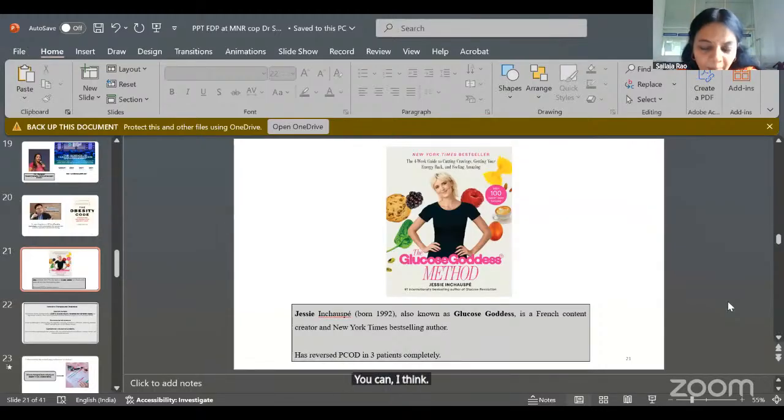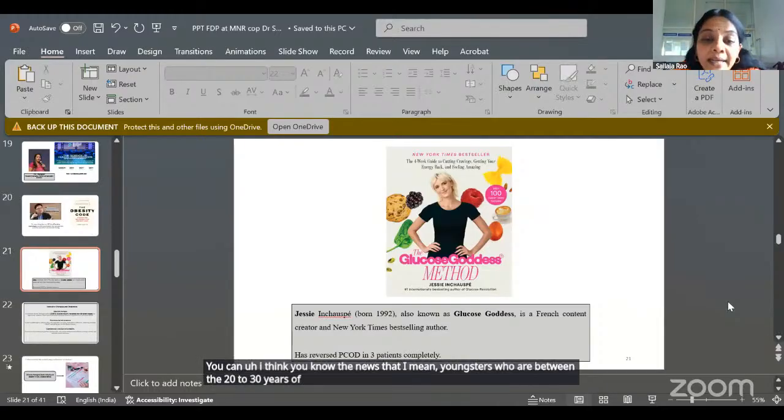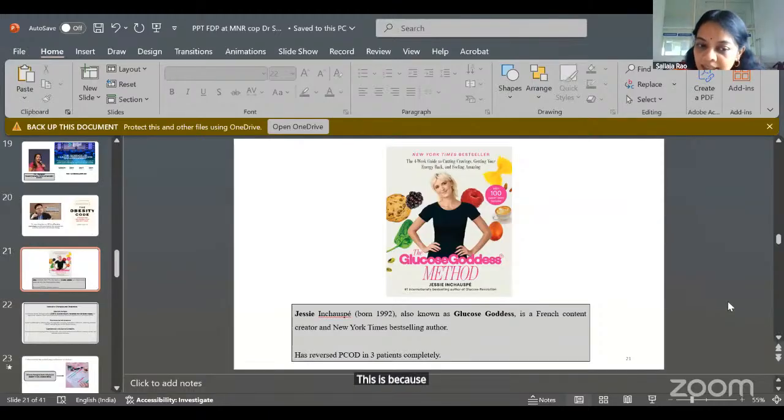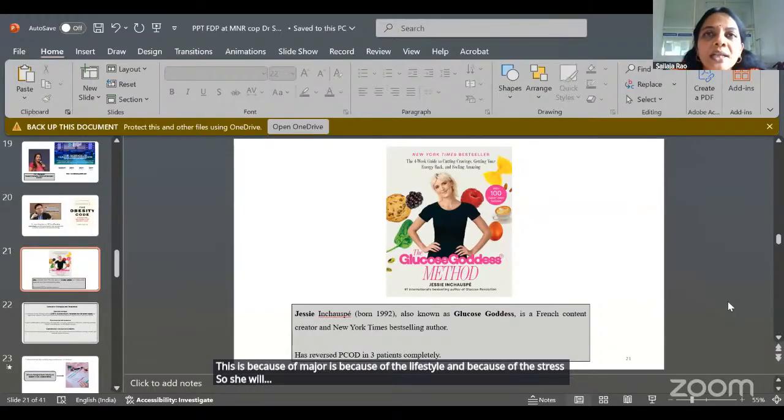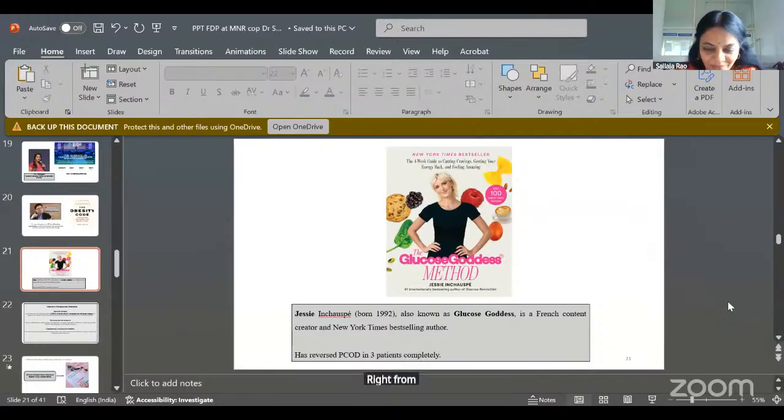You know the news that youngsters between 20 and 30 years of age are dying more because of heart attacks. This is mainly because of lifestyle and stress. So she will inspire us about what to give a child right from childhood, educating mothers and everyone. Very obsessive, very dynamic, very active.